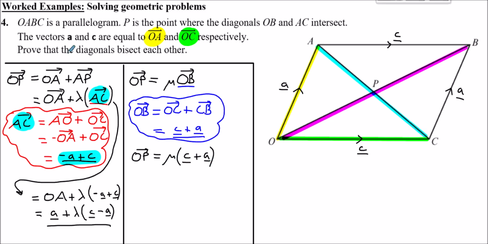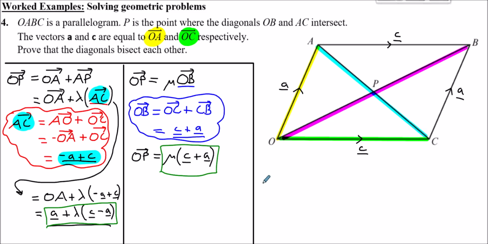So we've got two different ways of representing OP. We've got this method for OP, which is this one here. We've got OP is also this. So what we're going to do now is we're going to equate these two bits. Okay?